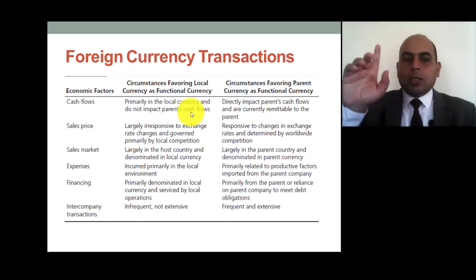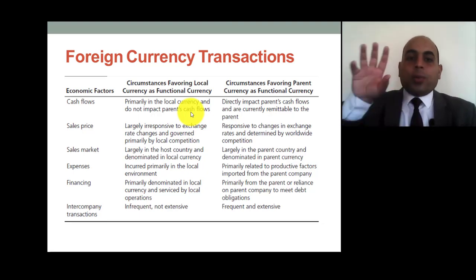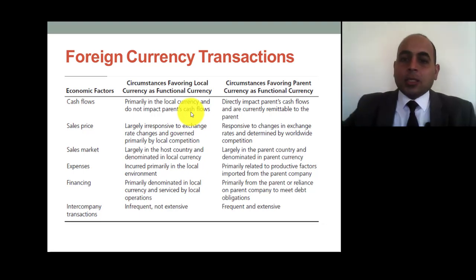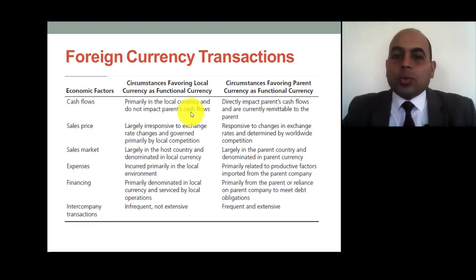currency. Otherwise, if the cash flow directly impacts parent's cash flow, in this case we are in favor to choose parent currency as functional currency.